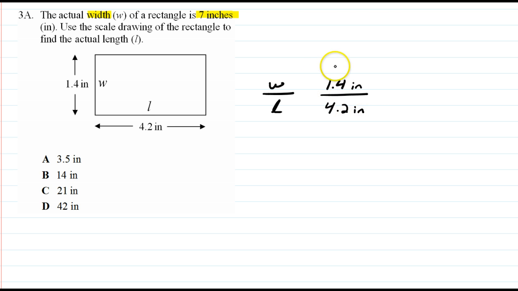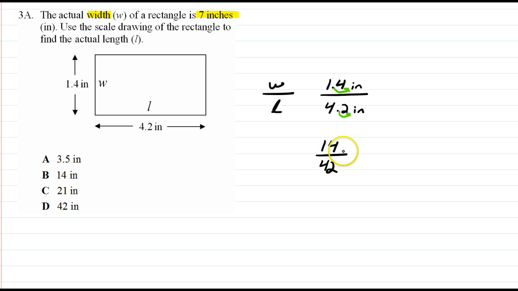When you have this fraction, the easiest thing to do is to reduce that fraction. Whenever you're given a fraction that has decimals in it, we want to get rid of them. So if I move this decimal once, I have to move this decimal once. And so now that gives me 14 over 42.